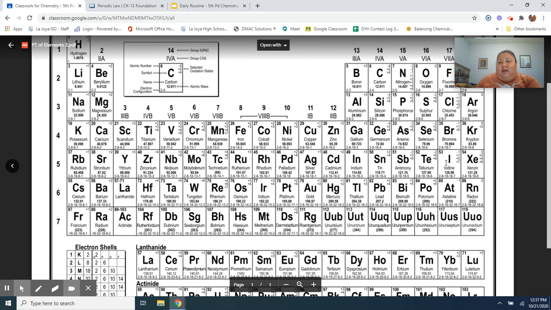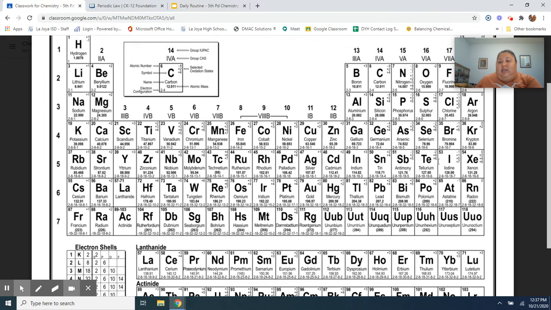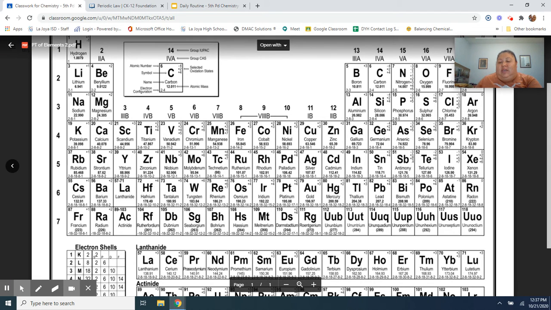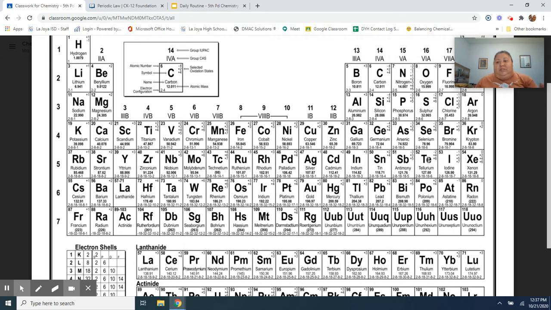Now, when it came to Moseley, Moseley was able to find the atomic number of iodine, and it was 53. For tellurium, it was 52. So that gave us a reason to put tellurium before iodine.